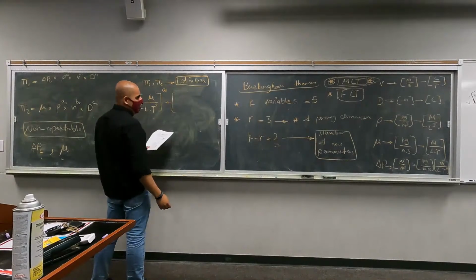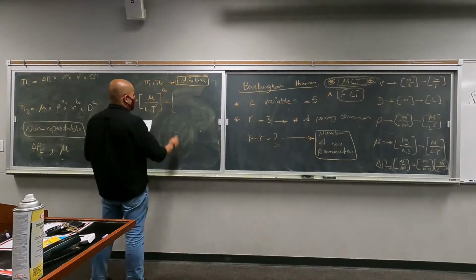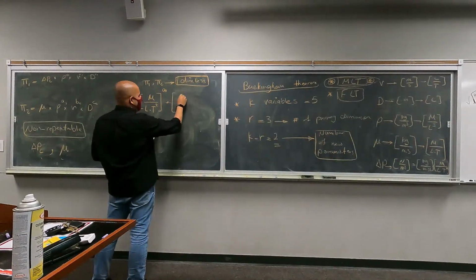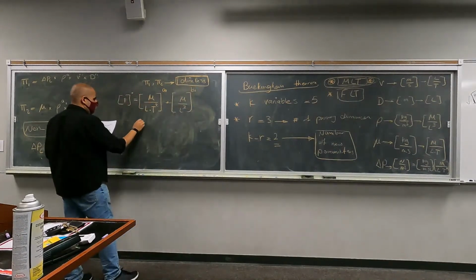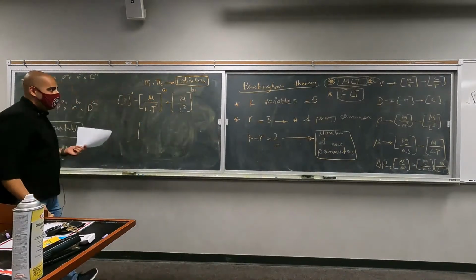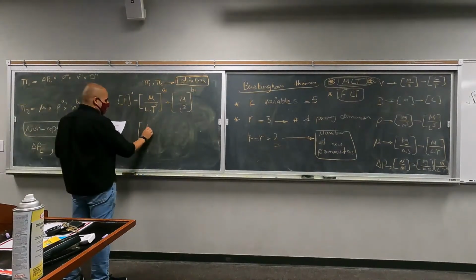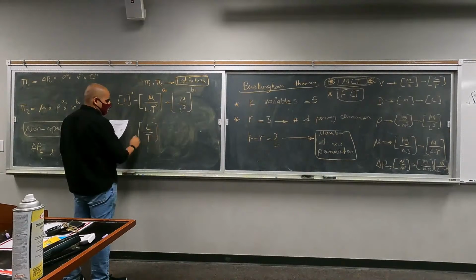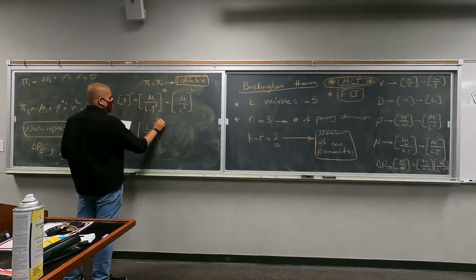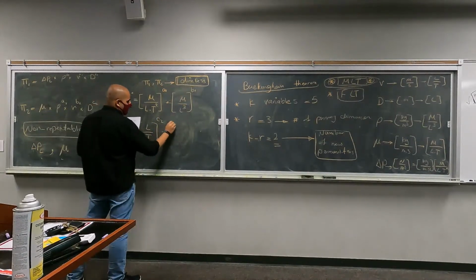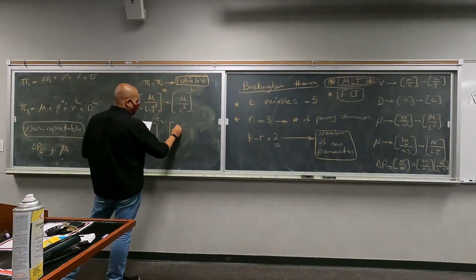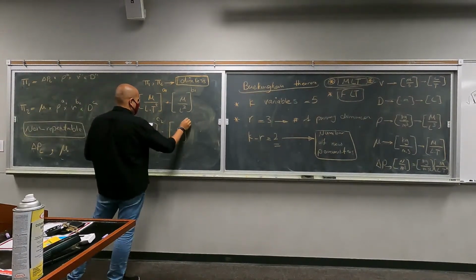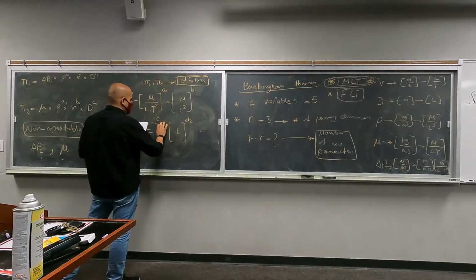Okay, what else do we have? We have density. Density is mass divided by length cubed to the power b1, multiplied by, what else do we have? We have velocity. That's length per time to the power c1. What else do we have? We have diameter. That's length to the power d1. Sorry.